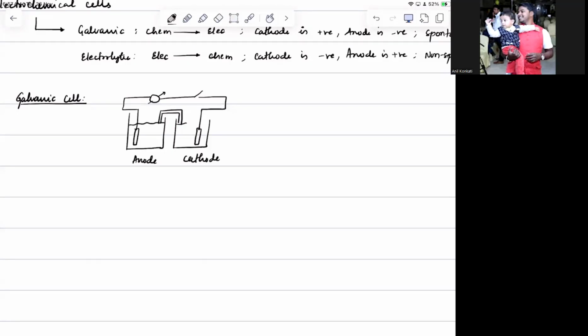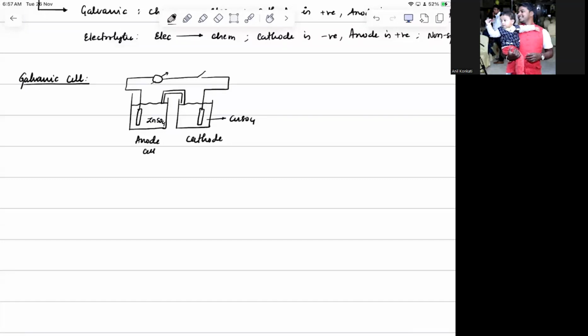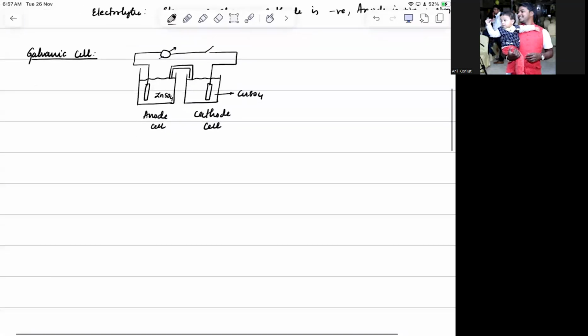The first of the kind which was started was with zinc sulfate as the solution here, and copper sulfate as the solution here. Left part is usually called the anode half cell, and right part is the cathode half cell. Oxidation happens always at anode.